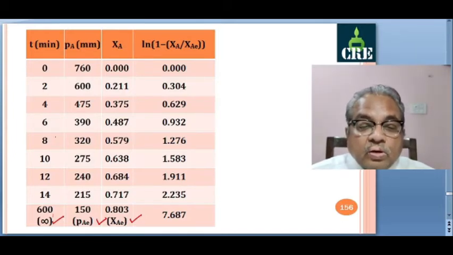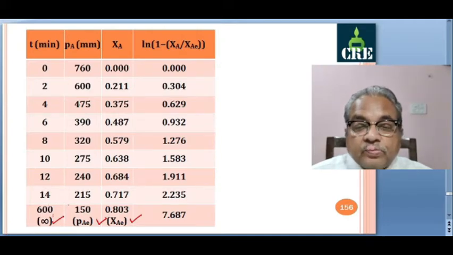Okay, so just for the purpose of calculation, I have taken this infinity as 600, some arbitrary value which is much higher than this last value. So at time t equal to infinity, pressure PA is given as 150.